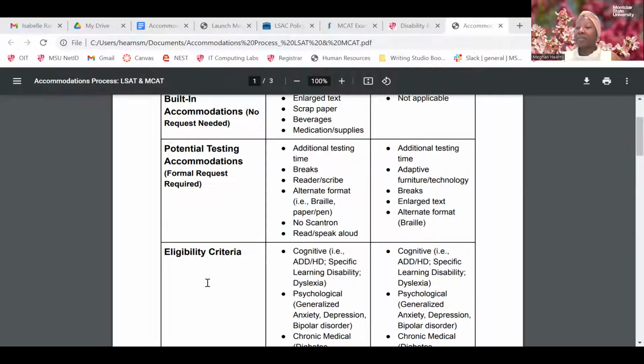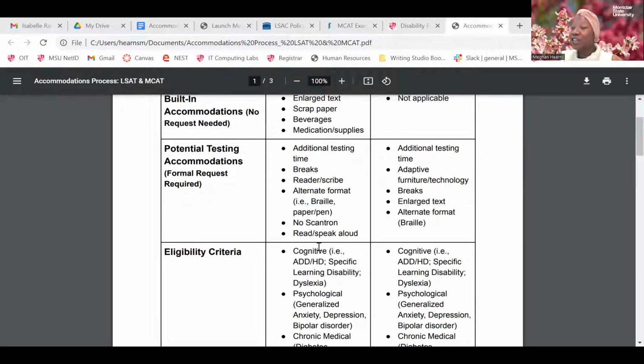And adaptive technology, like a mouse or mice that work best for that student. There's some other technology that could also be applicable, a screen reader, screen magnification, things of that nature. Breaks, as we discussed, enlarged text, and alternate format, Braille specifically, are available upon request and approved request.